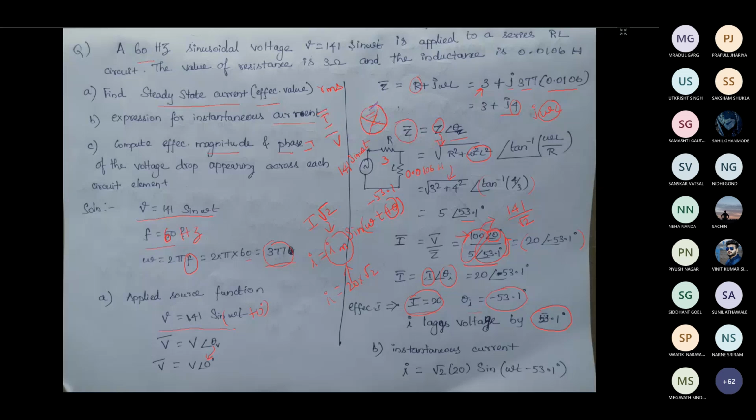We mention it as a Z phasor because it has a magnitude and an angle. Actually it is not a true phasor; even though it is mentioned as a Z phasor, it is not going to rotate. Here we do not have the e power j omega t term, so it will not rotate.